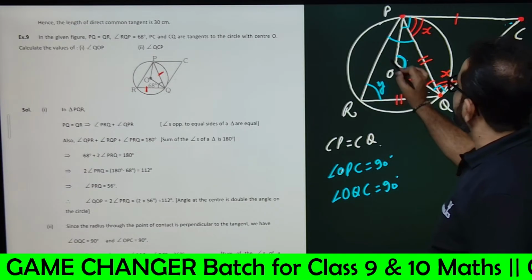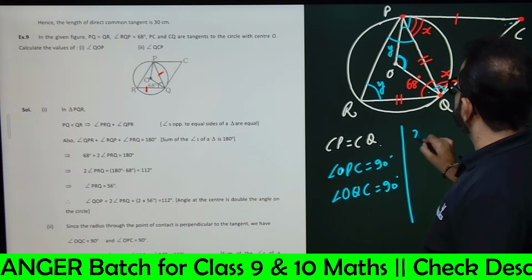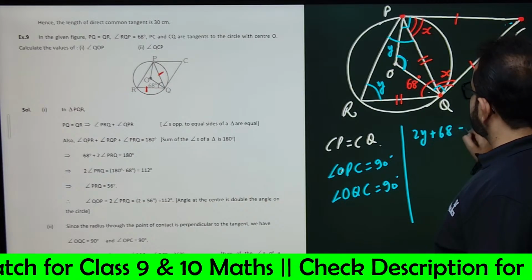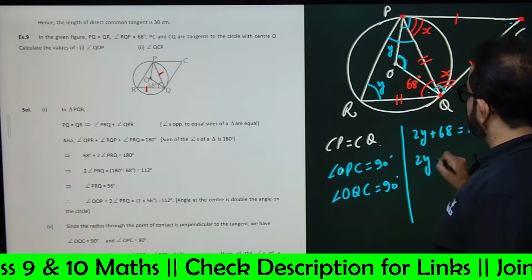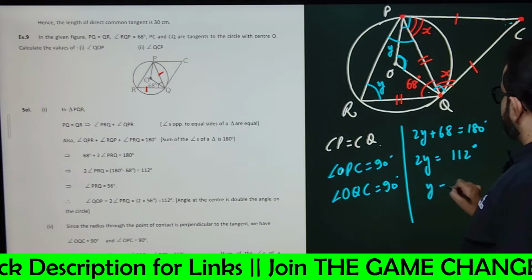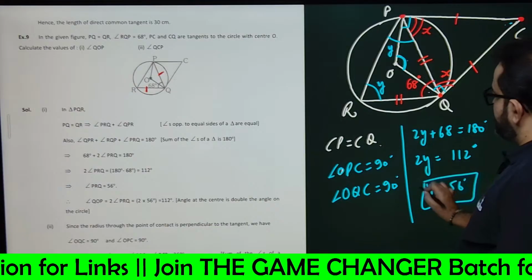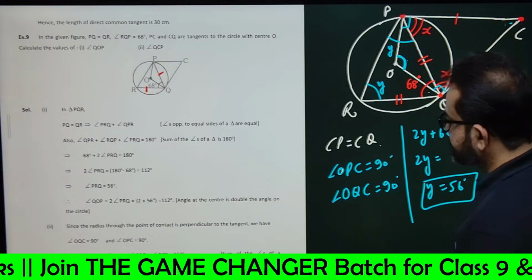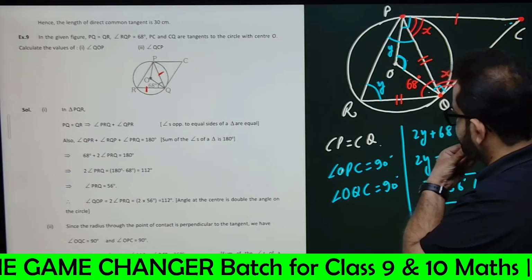If this is y, this is y, so 2y plus 68 equals 180 degrees. So 2y equals 180 minus 68, that means 112 degrees. So y equals 56 degrees.